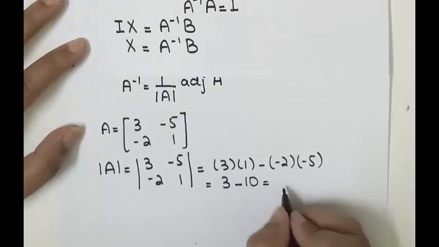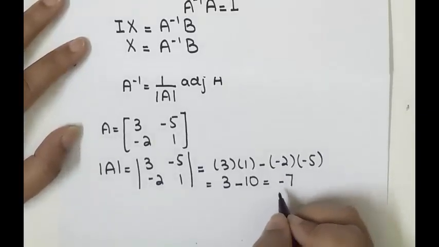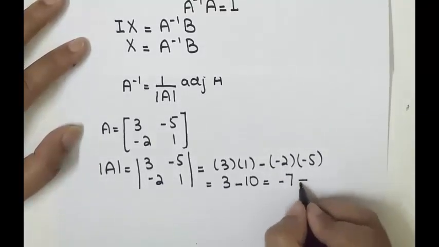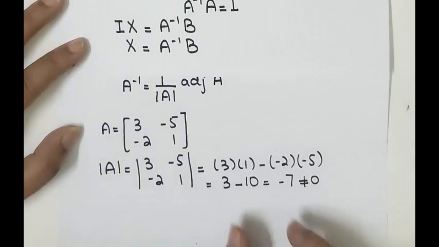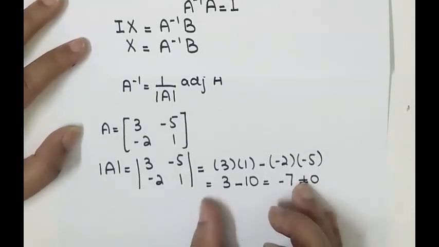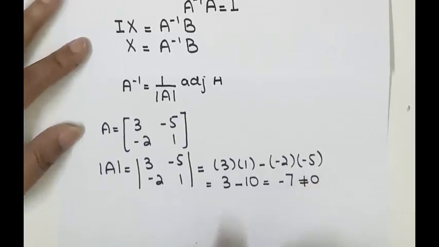So 3 minus 10 is equal to -7, which is not equal to 0. So it means its inverse is possible. This is a non-singular matrix and its inverse is possible.